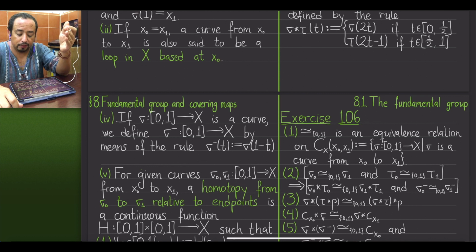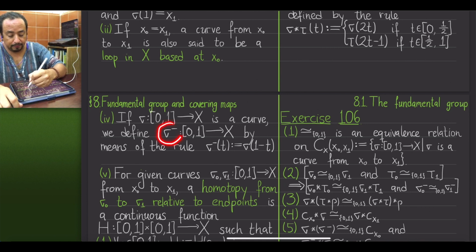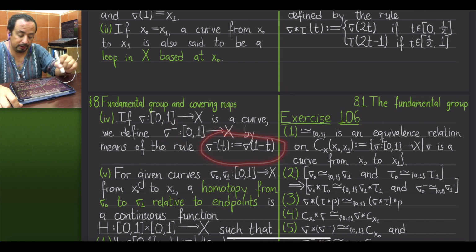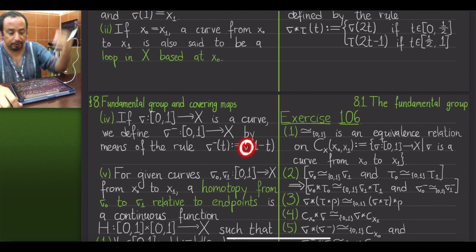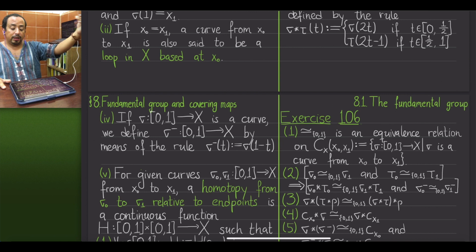there's an obvious curve that traverses the same image, but the other way around, sigma minus, defined by this rule. So you see, it traverses the same image as sigma, but in the opposite direction. So it really goes from x1 to x0.